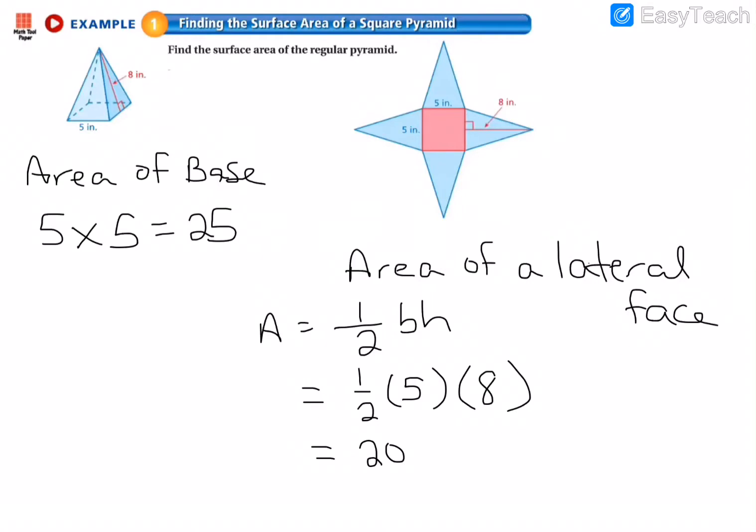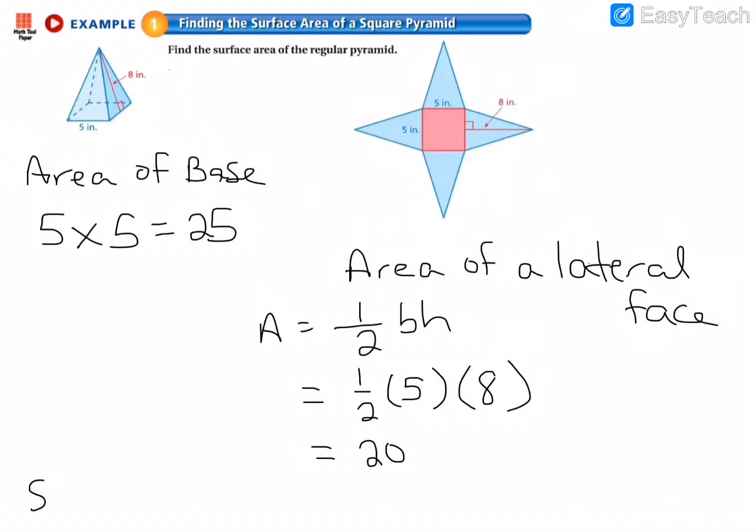So I got my area of my base, I have my area of one lateral face. Now all I need to do is find the sum of all of the areas, your base and all of your lateral faces. So for this example, we have 1, 2, 3, 4 triangle lateral faces.